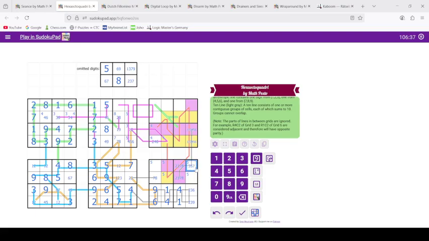Is this ever not a 5? In order for it to not be a 5, this would have to be 6, 9.